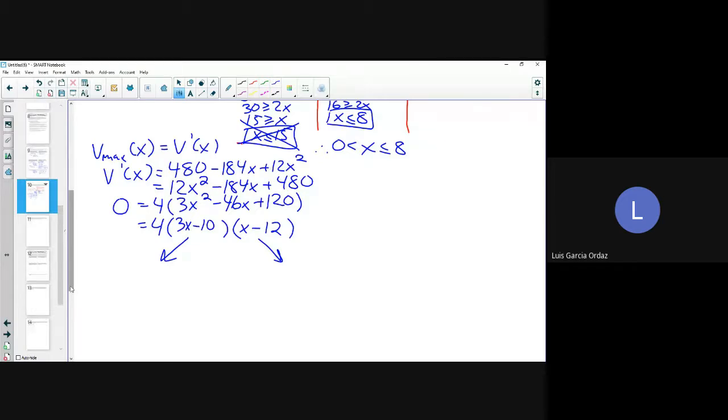So what are my two x values that my max can occur at? So you got x is equal to 10 over 3, and x is equal to 12. So do both of them fall in my domain?